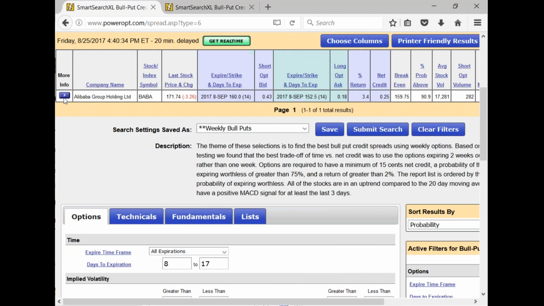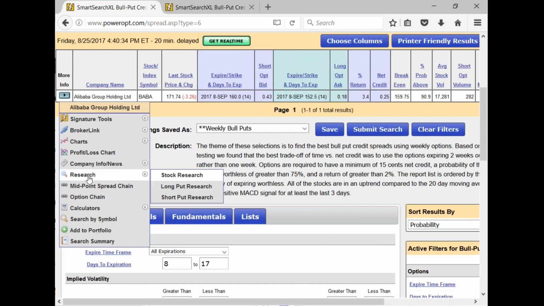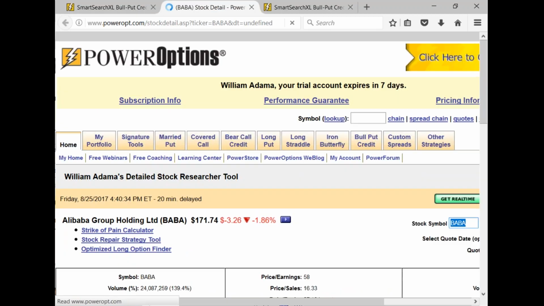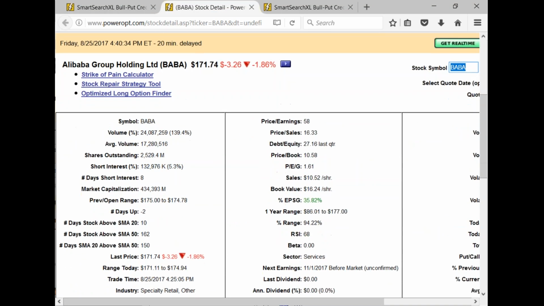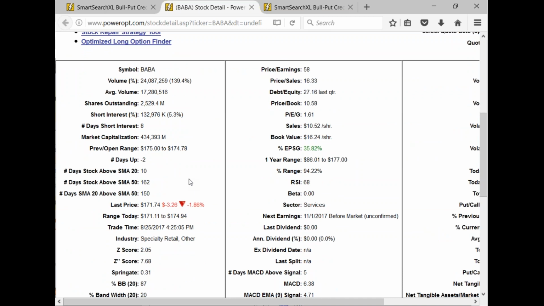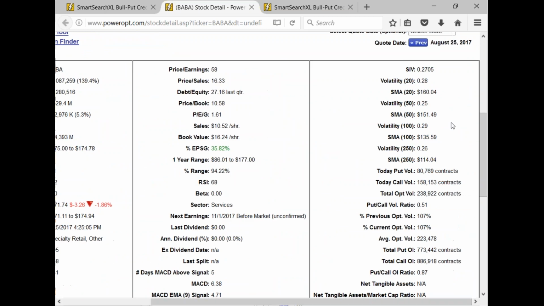Okay. Now, when you go to the research tool for the stock or the option, I'm just going to go to the stock research tool, Andrew, from the more information button. We show you all of the relative data that we have for each individual stock, of course. And over on the right, we've got your 20-day volatility, 50-day volatility, 100-day volatility, 250, put call volume ratio, put call open interest ratio, so on and so forth, and more and more.